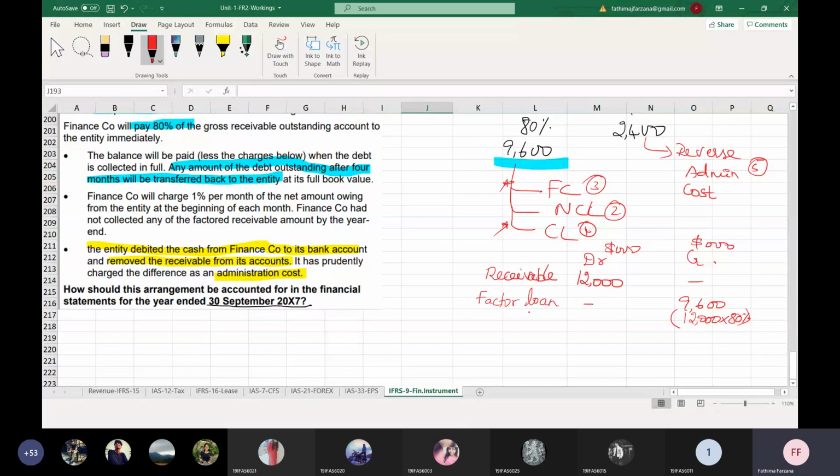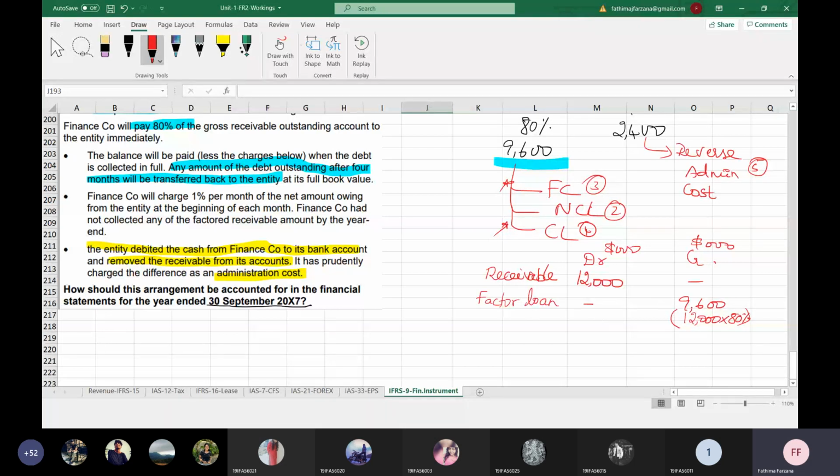You might be aware of this type of problem. Mostly it won't come like this in your SBR exams, I guess. Normally it'll be straight questions. But this is very much required, as it will support you with your financial statements. So factor loan is 9,600.